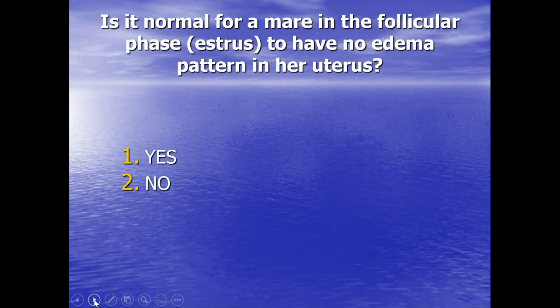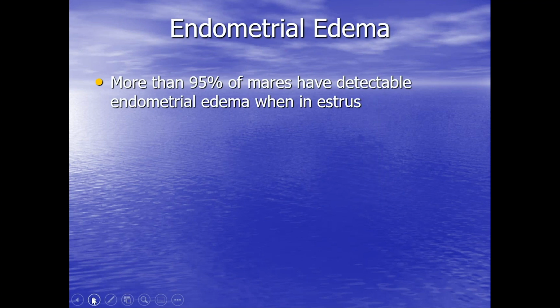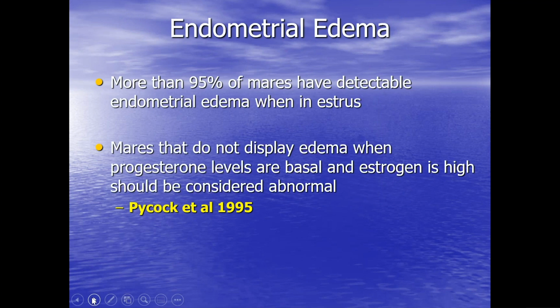Is it normal? That's an interesting question. Is it normal for a mare in the follicular phase to have no edema? Well, I think it is abnormal. I think if you get no edema throughout the follicular phase, it is abnormal. We did a paper way back when I was at the university in Utrecht, and we measured progesterone and estrogen levels.